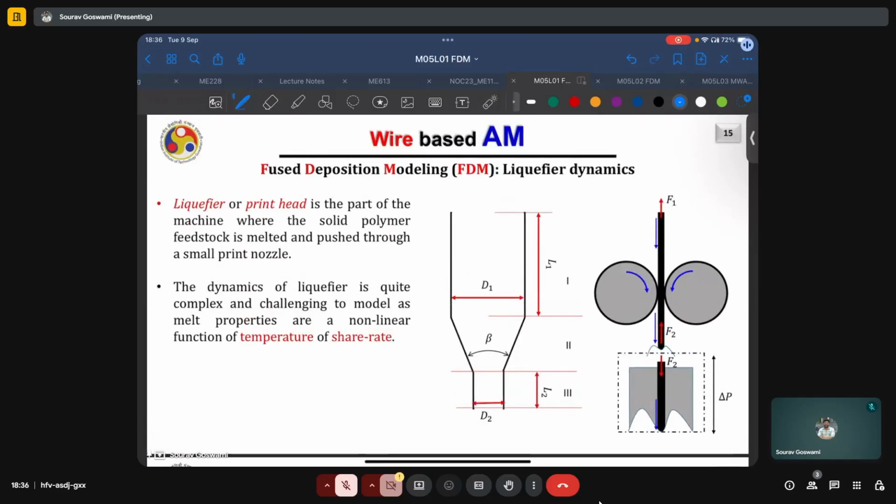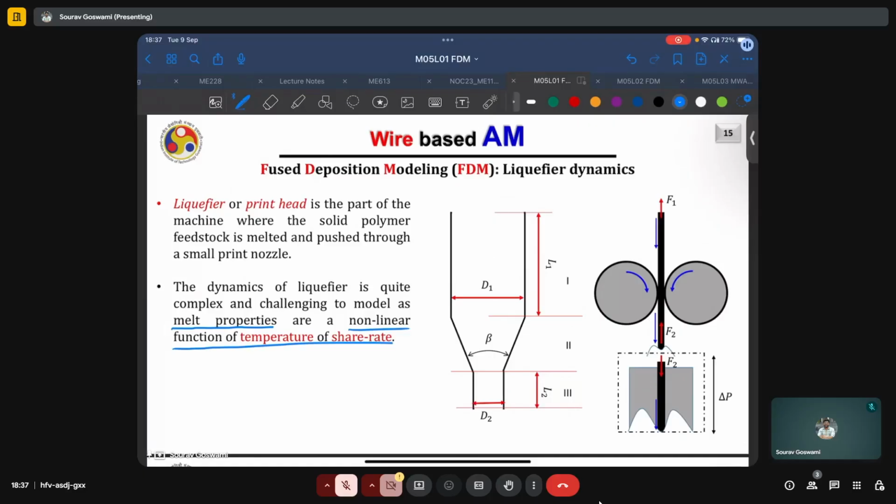Now, the liquefier or printhead is the part of the machine where the solid polymer feedstock is melted and pushed through a small print nozzle. The dynamics of the liquefier is quite complex and challenging to model, and this mostly arises from the fact that the melt properties are a non-linear function of temperature and shear rate.